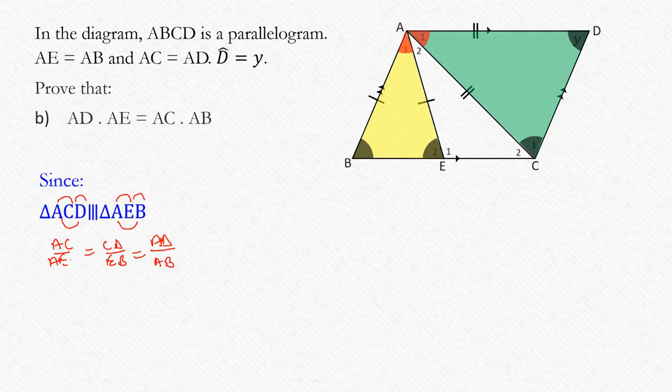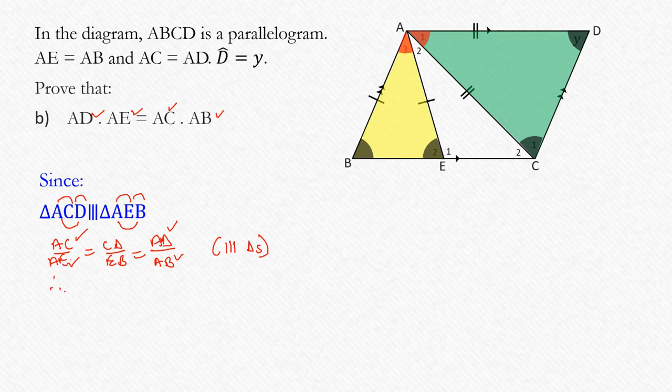Okay, right. Why? Because these are similar triangles. Okay, and then now if we check here, we have AD, AD, and then AE, AE there, AC, AC, AB, AB. So we're going to use these two.